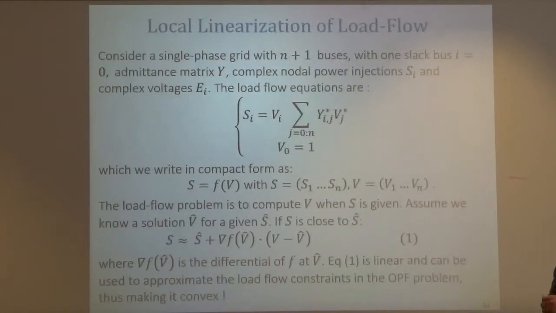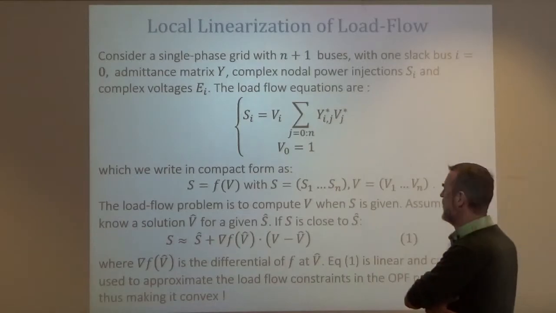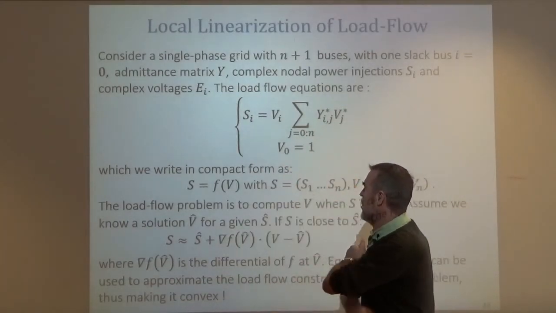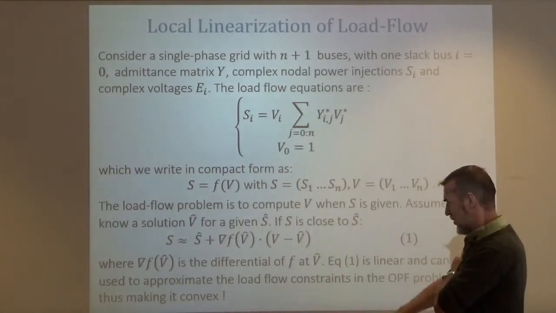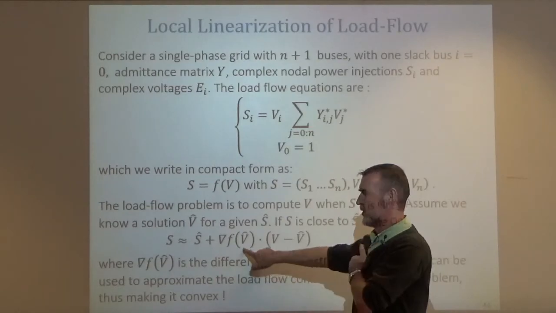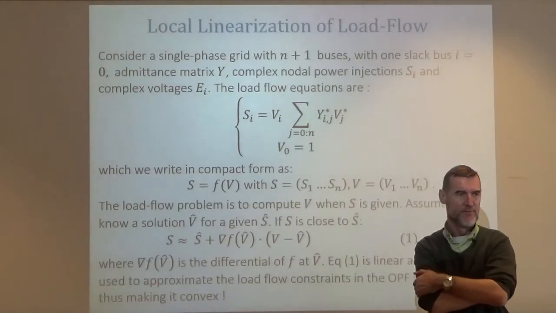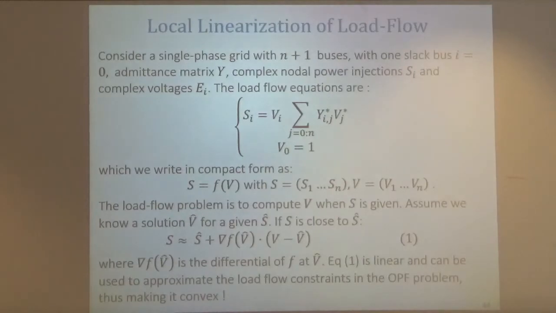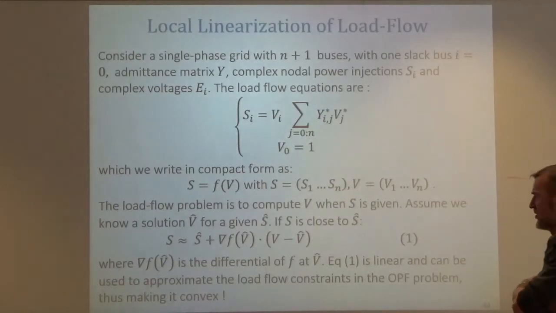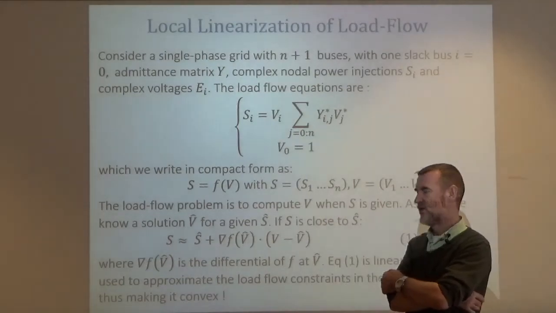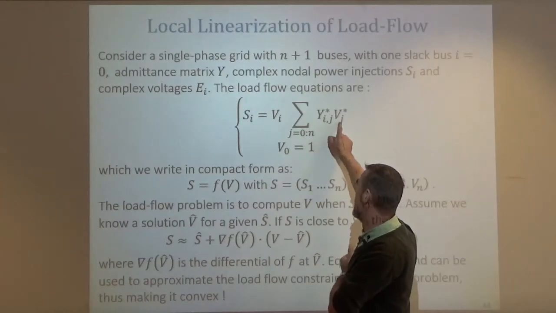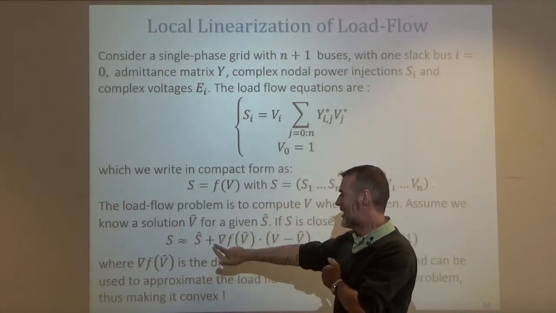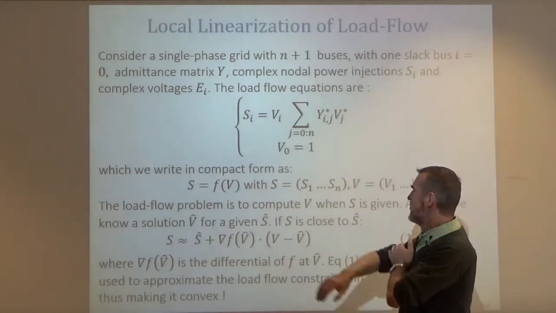Local linearization consists in saying if I have a nonlinear thing, like for example the load flow equations in rectangular coordinates, I can approximate them by the first order approximation based on the derivative. Since we have multiple variables, we call it the Jacobian matrix, or the matrix of the differential. Those are synonym terms. So if I call F the mapping that maps the V, the electrical state, to S, the injected power, it is given by this equation.